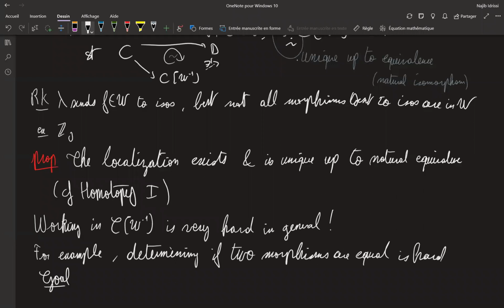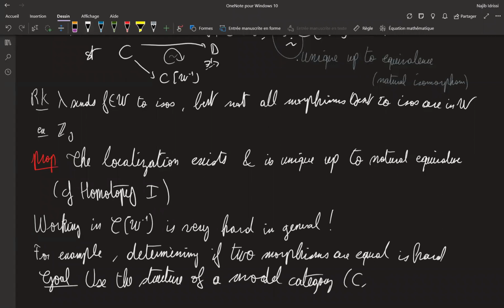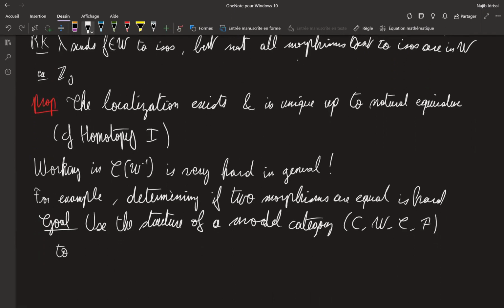The goal is to use the structure of a model category, (C, W, C, F), to make computations in C[W^-1] easier, more concrete.